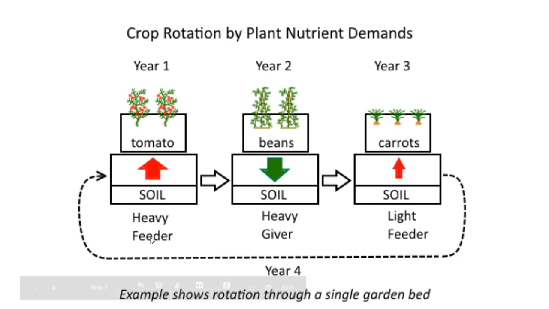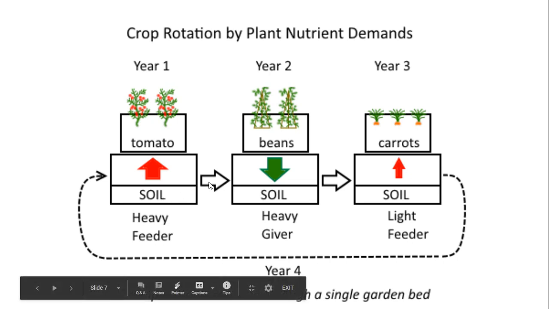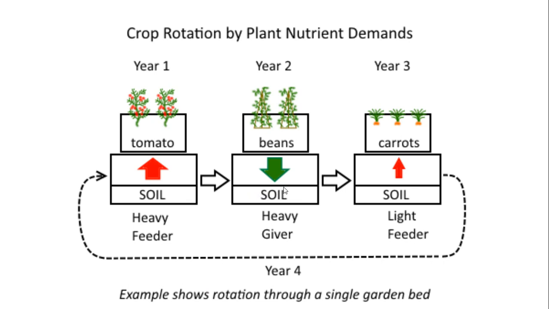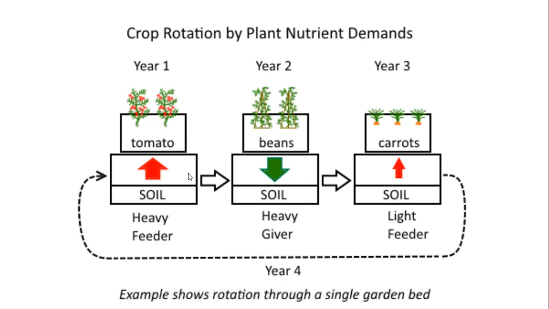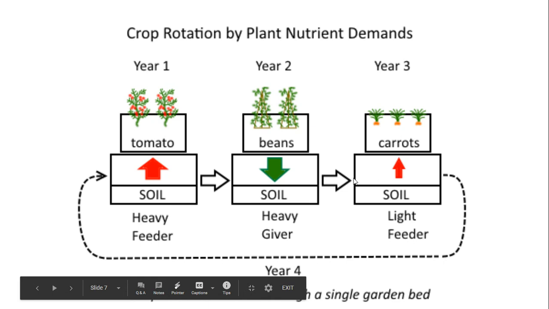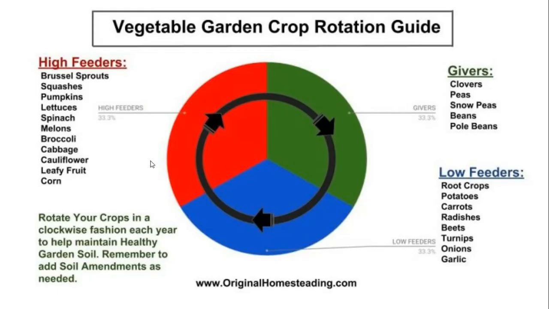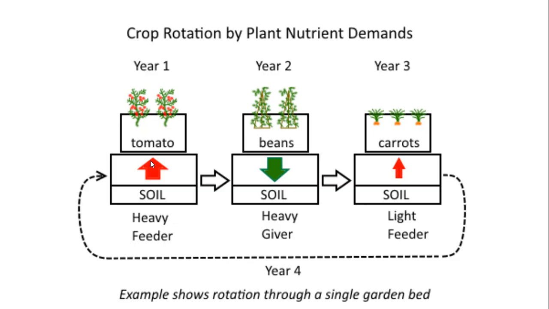A heavy feeder always follows a heavy giver, and then the light feeder follows the heavy feeder, if that makes sense. So it goes heavy feeder, light feeder, heavy giver.